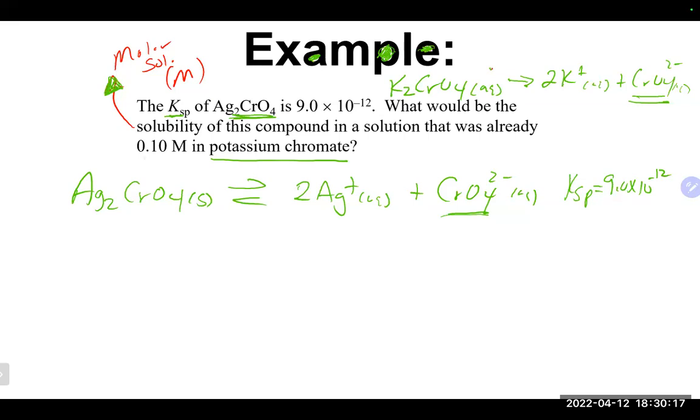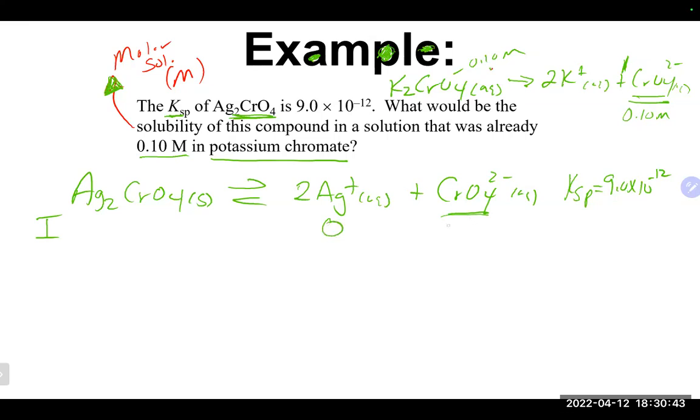All right, so really the main difference, as we saw, is this guy is 0.1. And obviously it is a 1-to-1 relationship here between those two, which means we could roll with the same concentration for that guy. Again, here, if we wanted the potassium's concentration, we would have to multiply it by 2 because of the coefficient, not needed in this problem. So initially we will have 0.